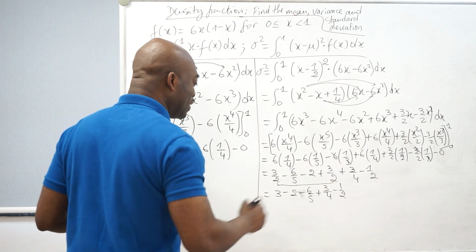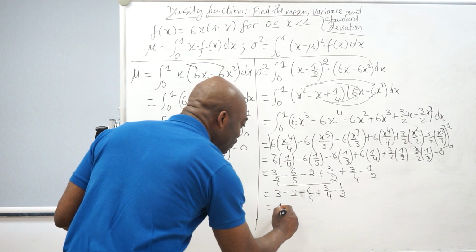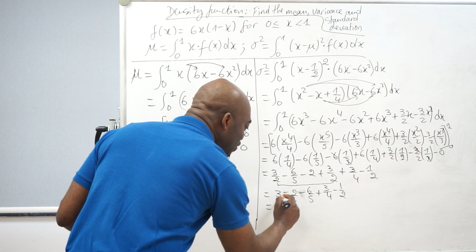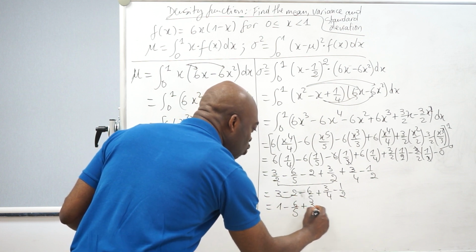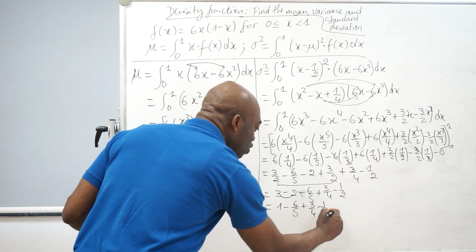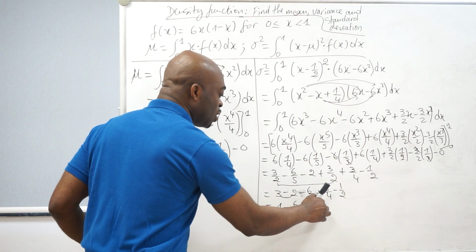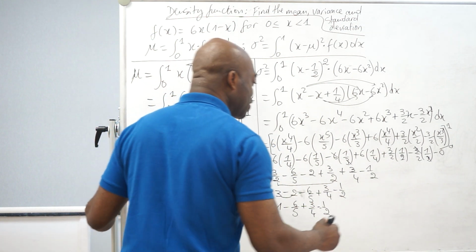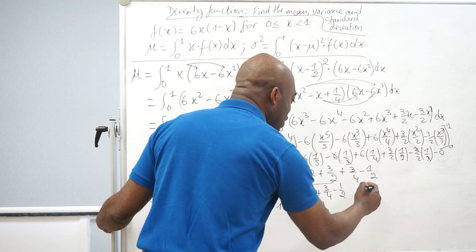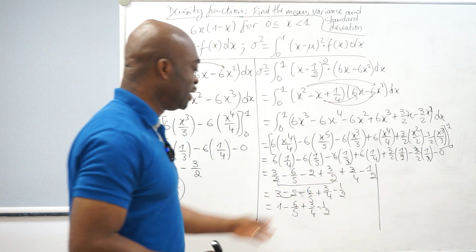Okay? So what would that give us? That would give us 3 minus 2, which is 1, minus 6 over 5 plus 3 over 4 minus 1 over 2. Okay? So that's what we have so far. And then we can just finish it up here. Let's just put it here and then finish it up.